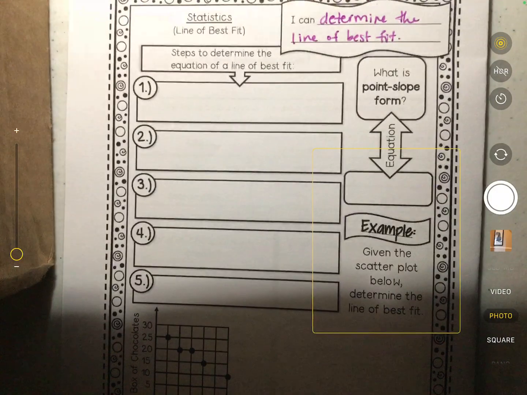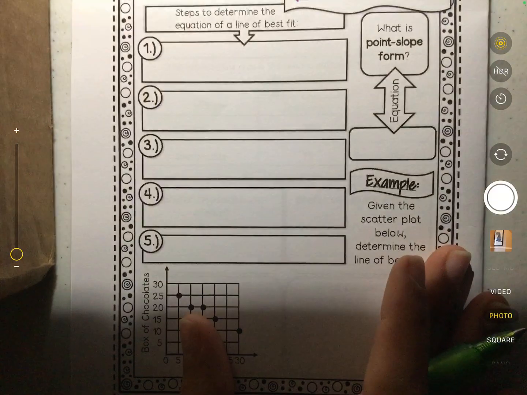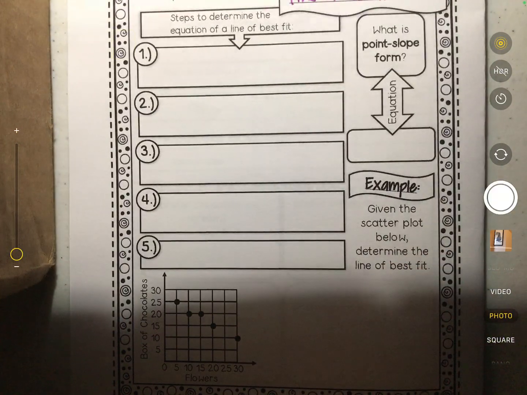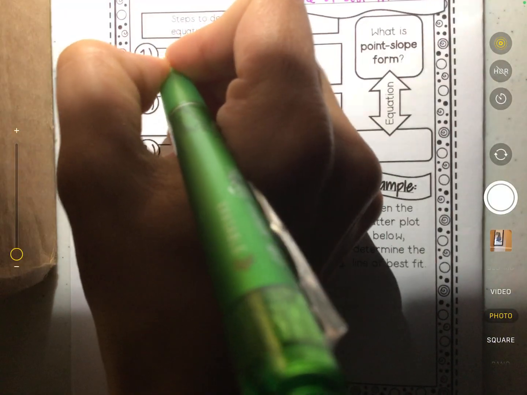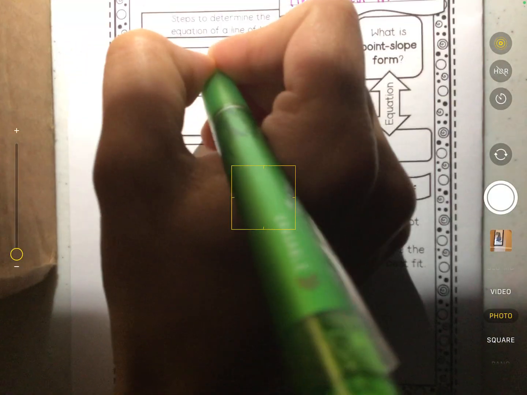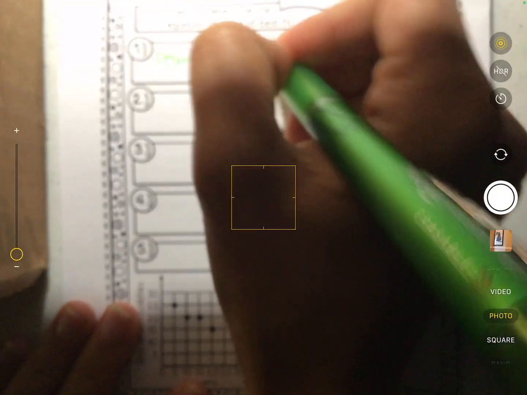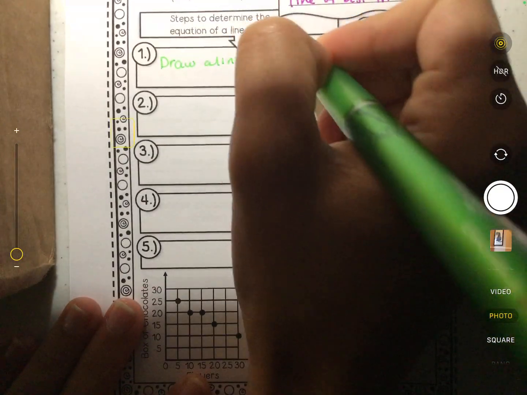All right, so some steps to determine the equation of a line. The first thing we're going to do, step 1, is draw a line that best fits the data. Can y'all see that?